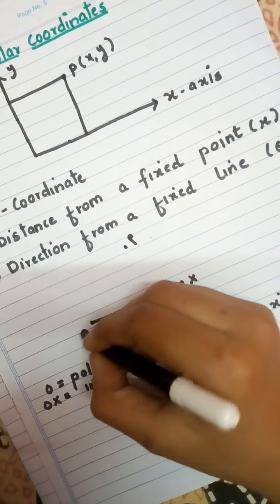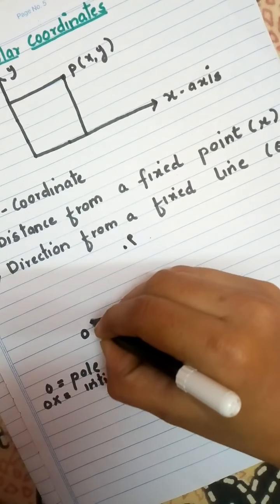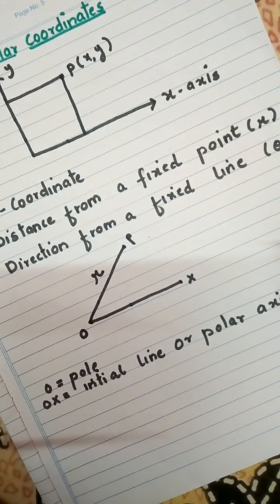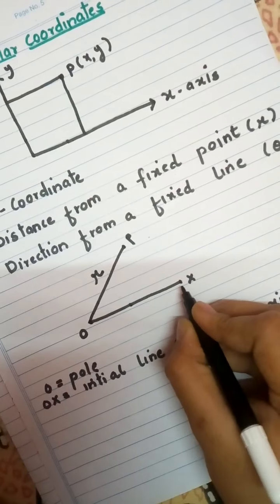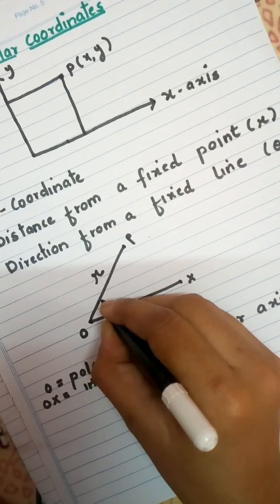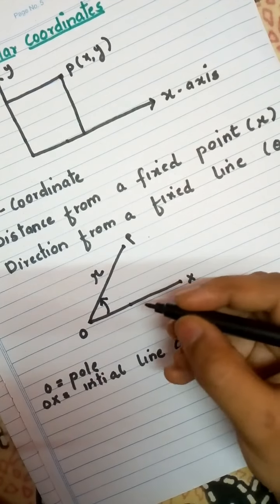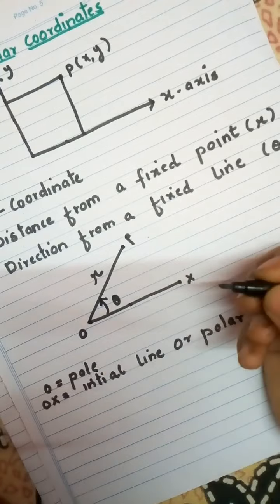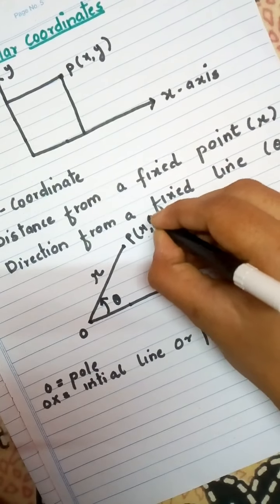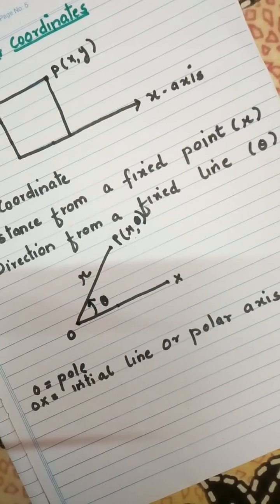Then the distance from the fixed point to P we call r. This is our fixed line, and the direction from the fixed line to OP is theta. Using both of these we can get the position of a point P in the polar coordinate system.